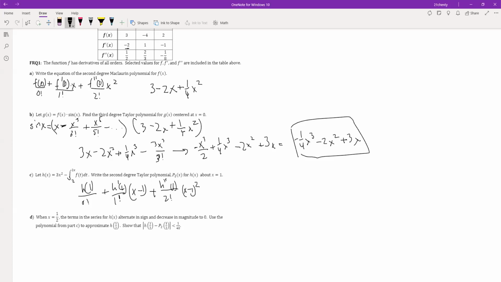And so we need to find out what h of 1 is, what h prime of 1 is, and what h double prime of 1 is. So h of 1, let's just plug in 1.